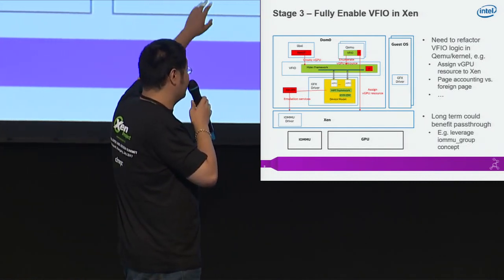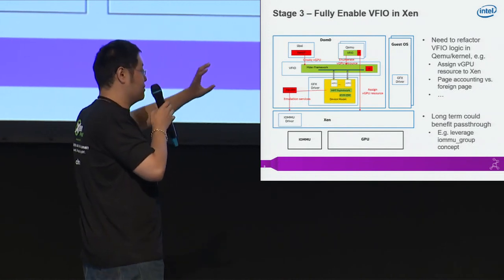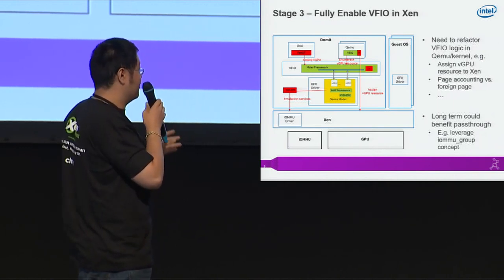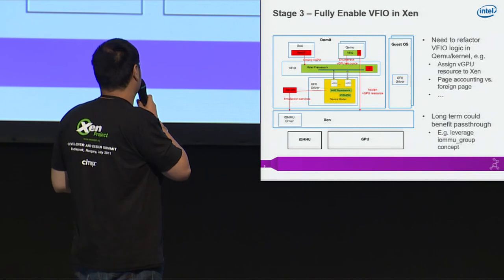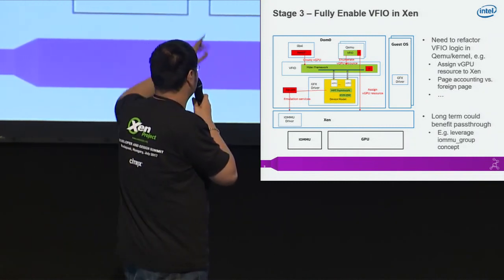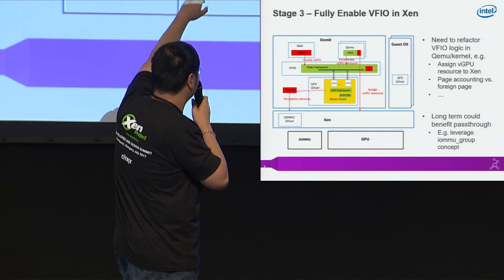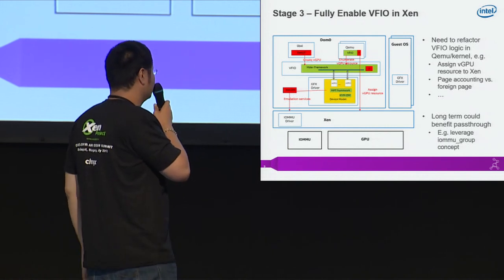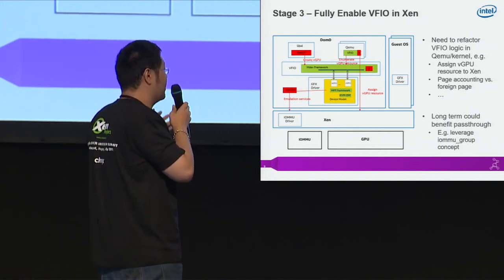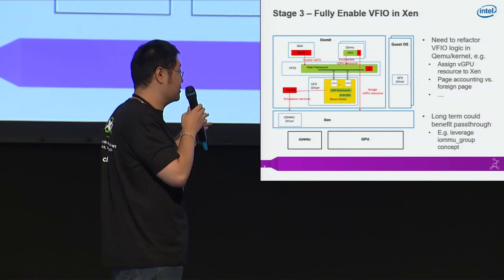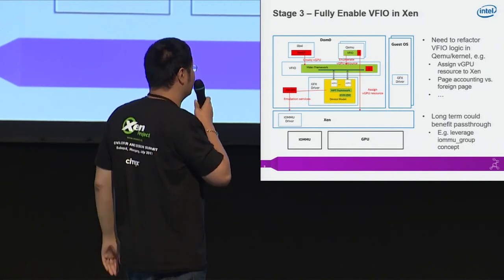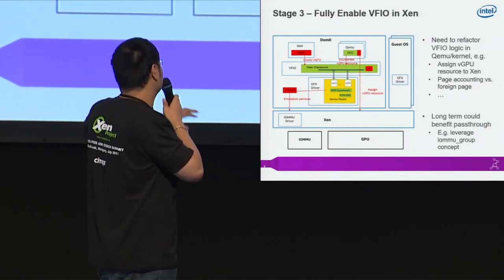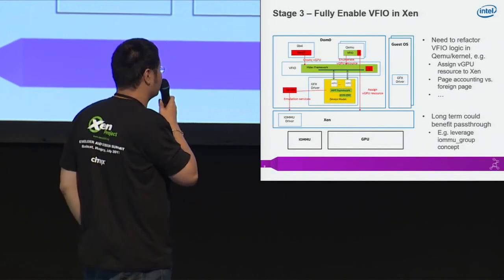So we might need to abstract that layer, since memory comes from different places and we have to have different handling logic. Mostly we have to change the VFIO code in QEMU and also the VFIO code in MDEV. But because Xen already has its own PCI pass-through logic currently, it might need to be refactored, or we need to add some code to support PCI pass-through through the VFIO function.